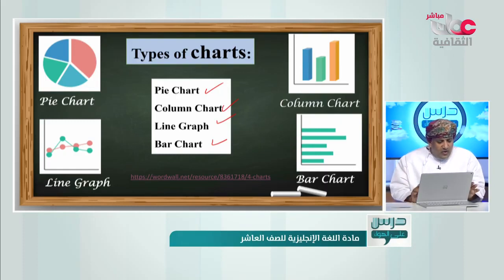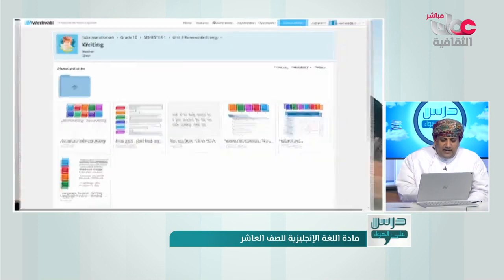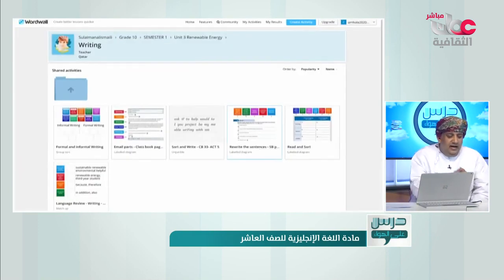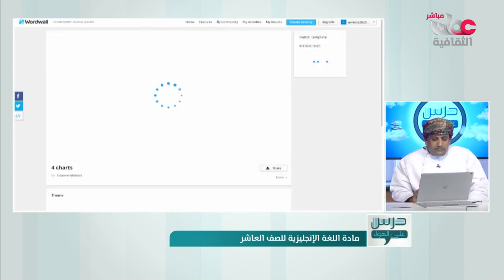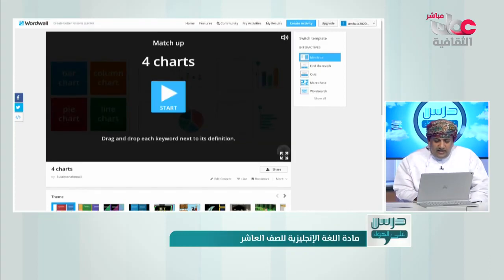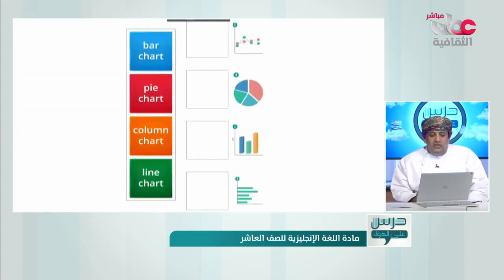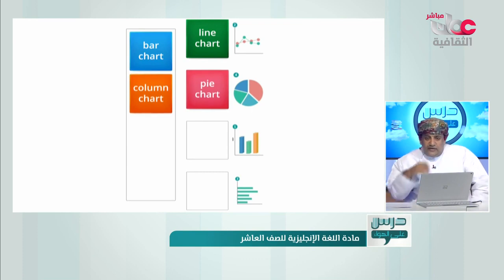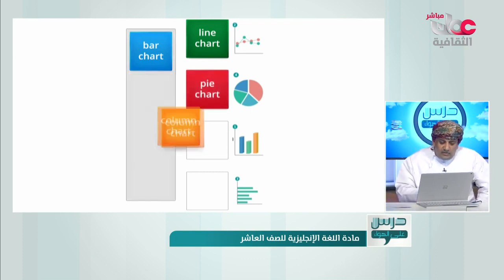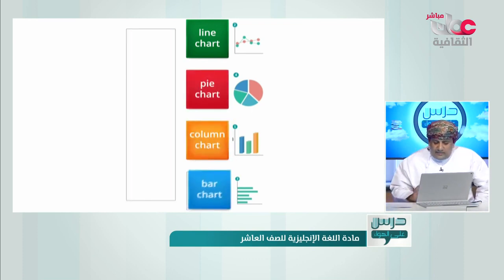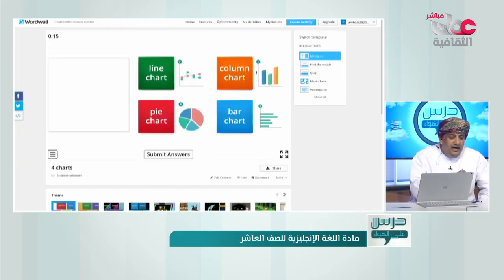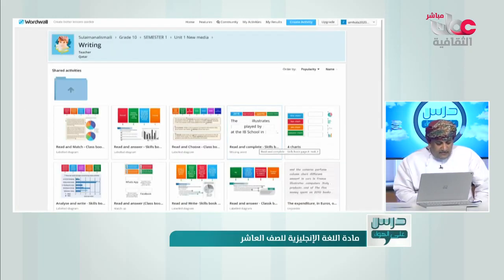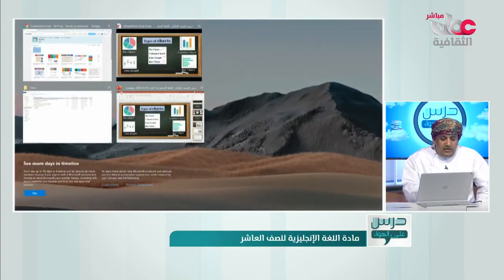So let's play a quick game. Here, the first picture is line chart, very good. The second is pie chart. Number 3 is a column chart, and the last one is the bar chart. So let's return back to our lesson.